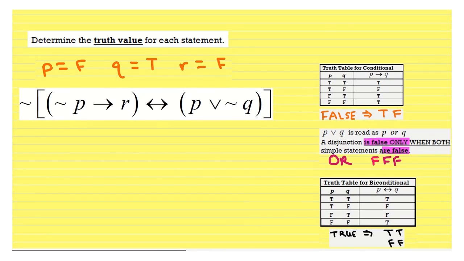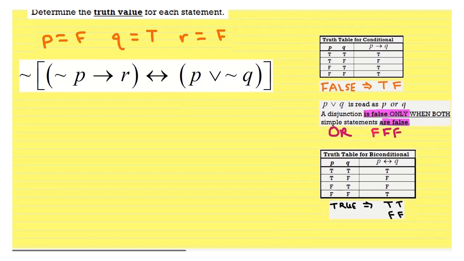Okay. Our final statement that we're going to look at here is not, not P, then R, if and only if P or not Q. Okay, so let's go ahead and assign our truth values. So the P has a truth value of false.